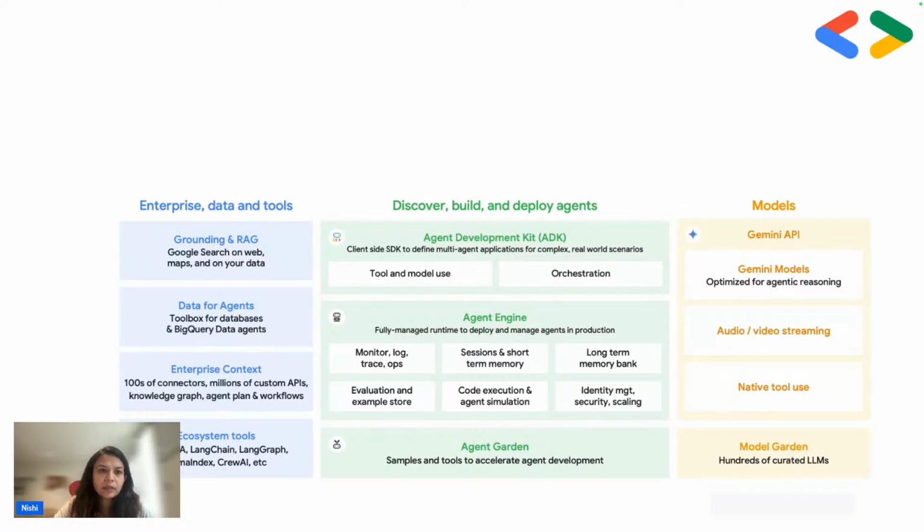Then it also provides you with enterprise data and tools. So you can connect your agents to the external databases. You can connect your agents to the APIs using Apigee, whatever is available in your Google Cloud ecosystem, you can plug in almost everything with your agents, right?